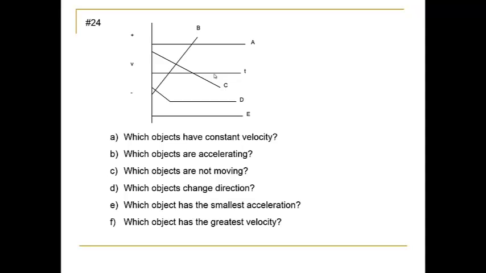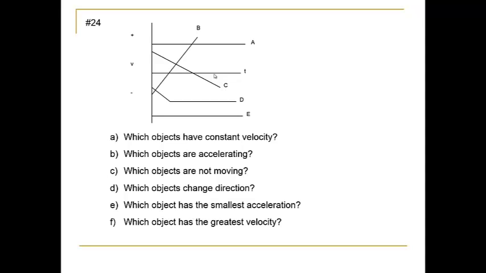Okay, then for D, you're looking at which ones are going to change directions. If you think about it, if you're going in a positive velocity, that means you're going north or east, depending upon which way you want to look at it. A negative velocity would be south or west.